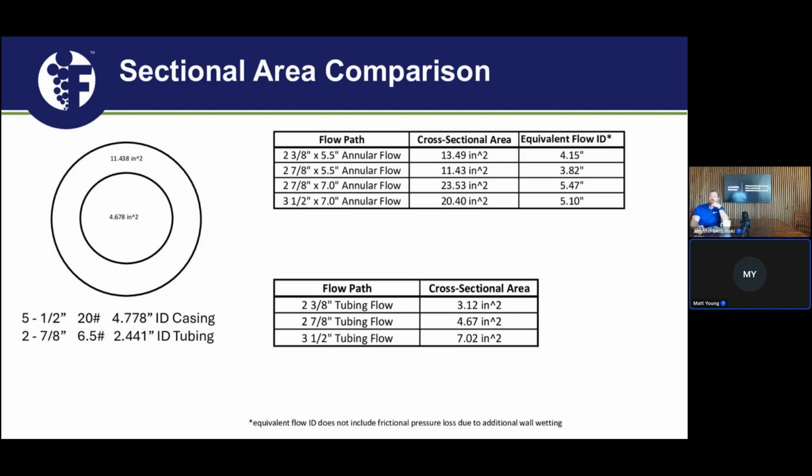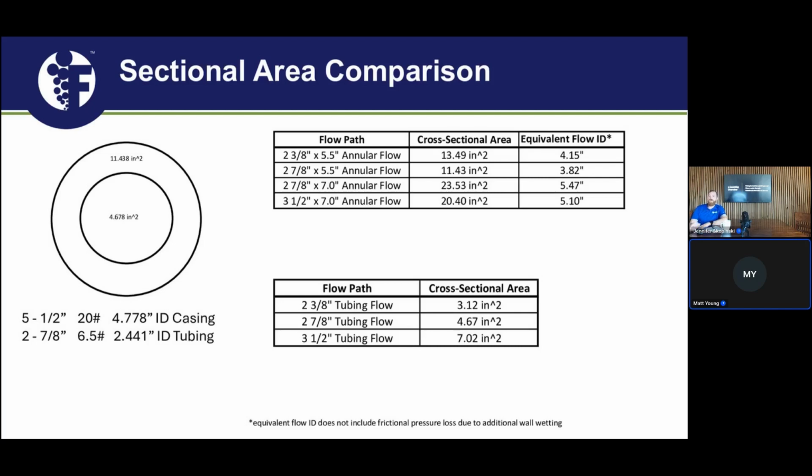By doing that, we increase our frictional pressure loss through that wall wetting, which then reduces our equivalent flow ID. So just something to note: if you take your cross-sectional area and convert it over to pipe diameter, that's not going to be a very accurate reflection of what your equivalent flow area would be if you were to do annular flow.